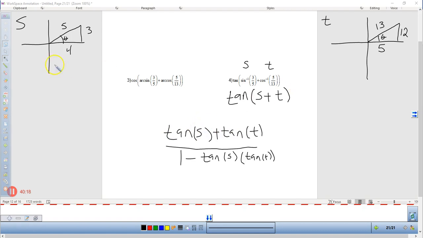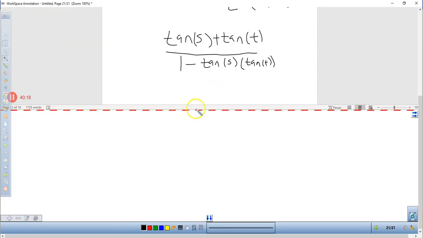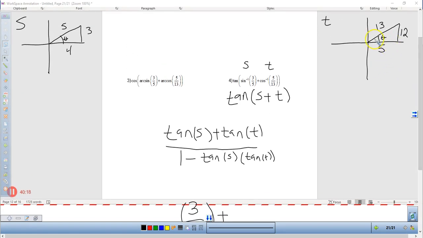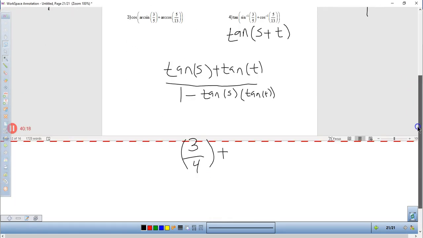Luckily, this time we only have to use these graphs once each, because whatever tangent is here, it's the same down here. Same thing for the t graph. So, tan of s, 3/4. And I need tangent t, looks like it's going to be 12/5.